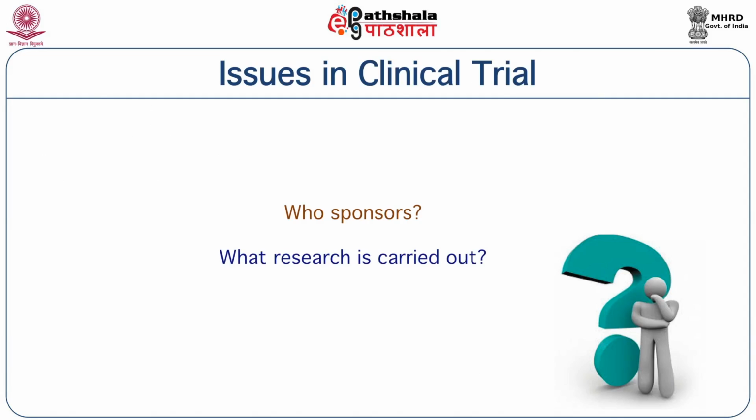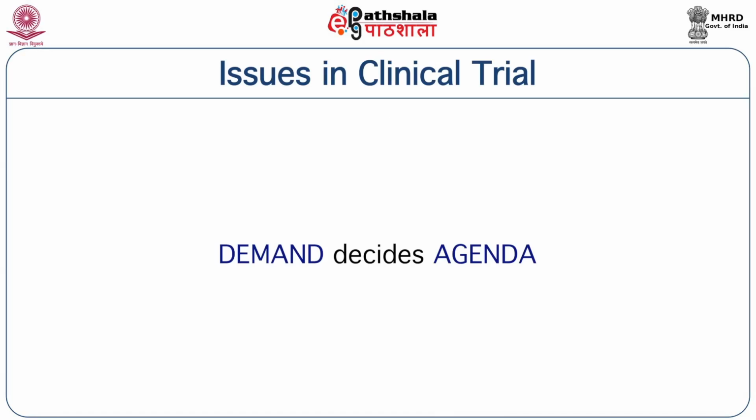So when you look at the sponsors, the pharmaceutical companies, because they are investing a large amount of capital, they want the returns to be very, very secure. Therefore, most of the research agendas are decided according to the demand generated in different parts of the world.